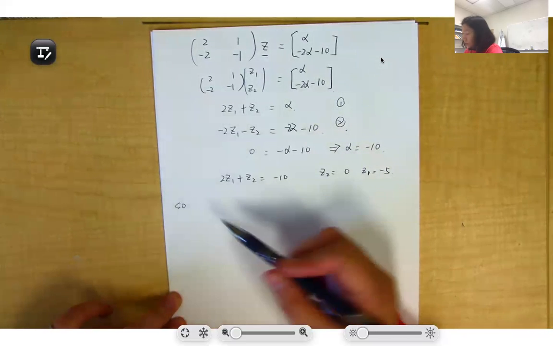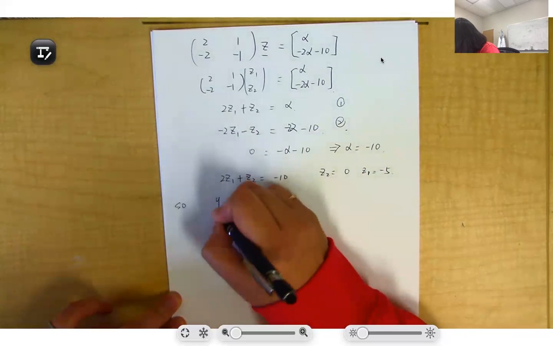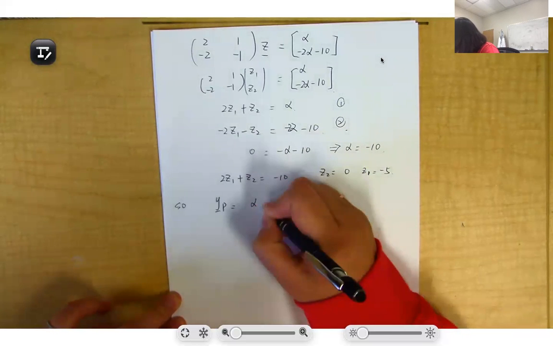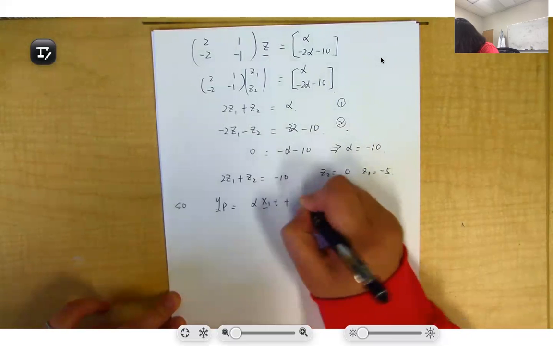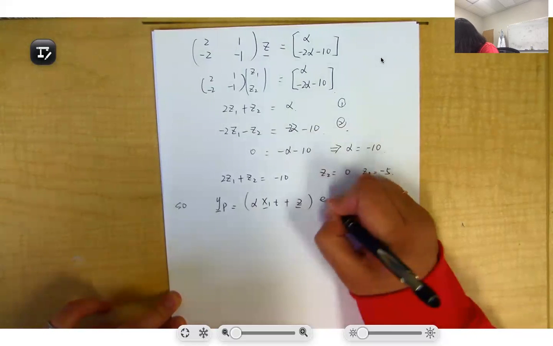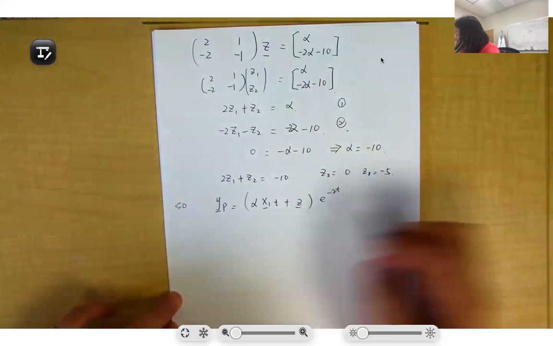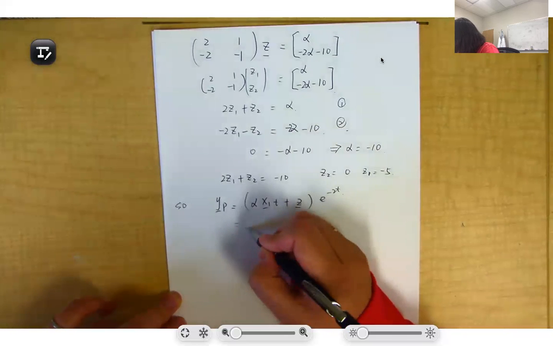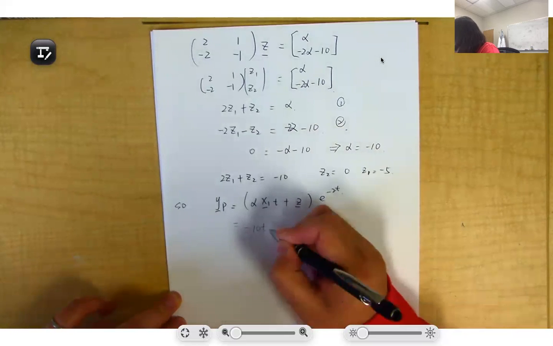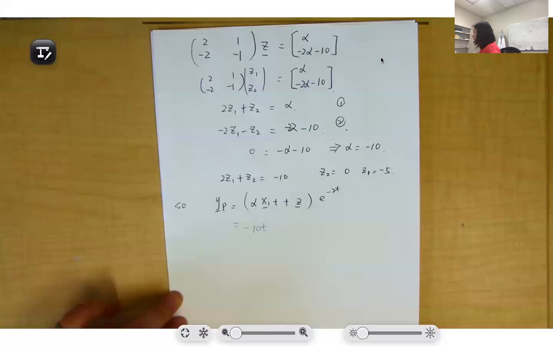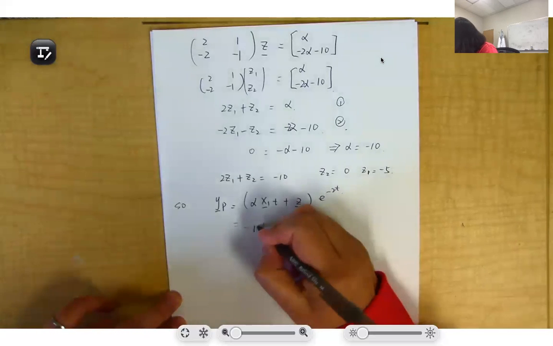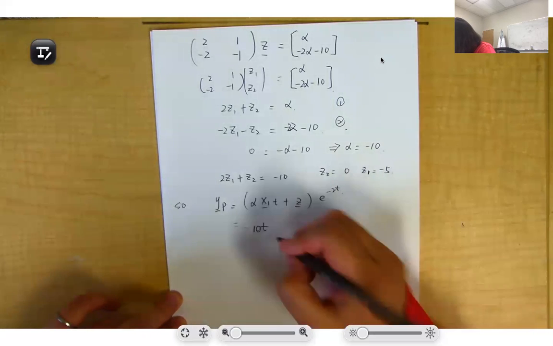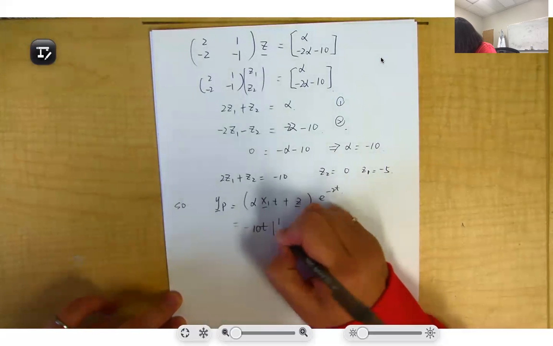What you can have is y_p. So y_p is alpha x1 t plus z, e to the -2t. And your alpha is -10. x1 is 1, -2.